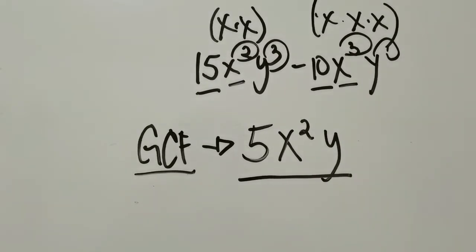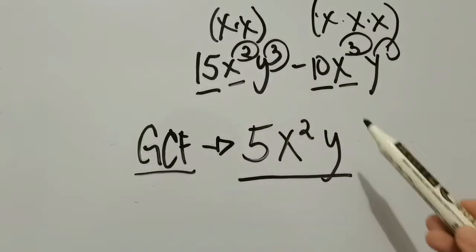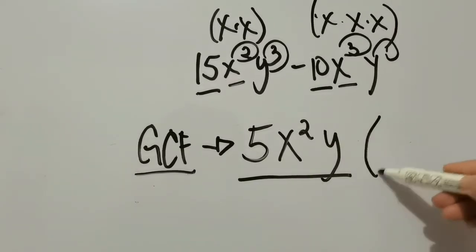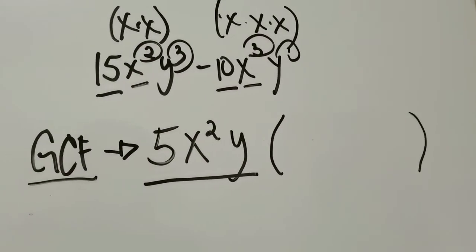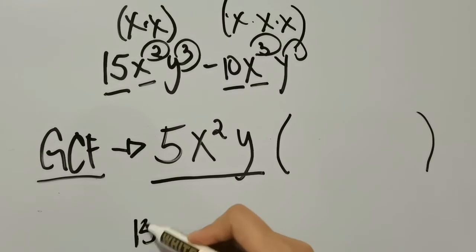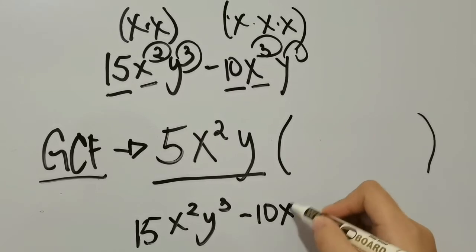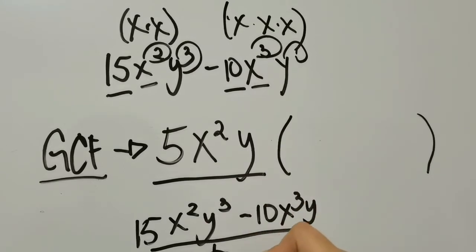Now, this one is the first factor. Now let us divide 15x squared y cubed minus 10x cubed y by the first factor, 5x squared y, so that we can identify the other factor. First, 15 divided by 5 is 3.